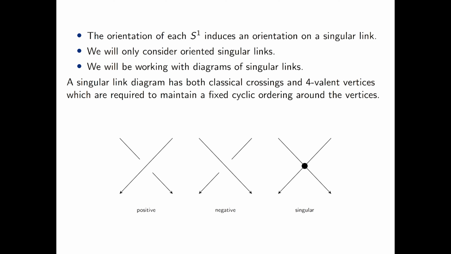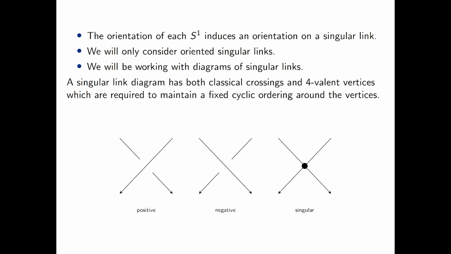Whenever we mention singular links, we actually mean oriented singular links. So how do we get an orientation on a singular link? Well, the orientation on each S1 induces the orientation on your singular link. And so in this presentation, we're only going to be considering singular knots and links with orientation.